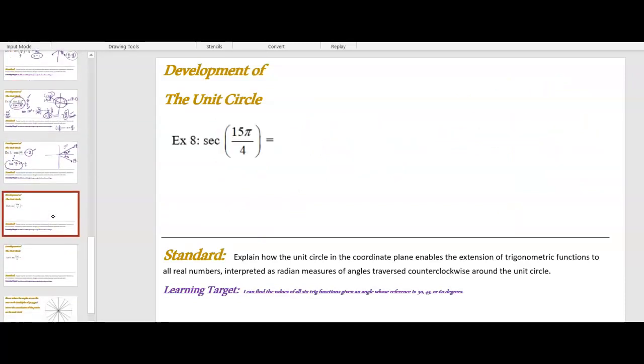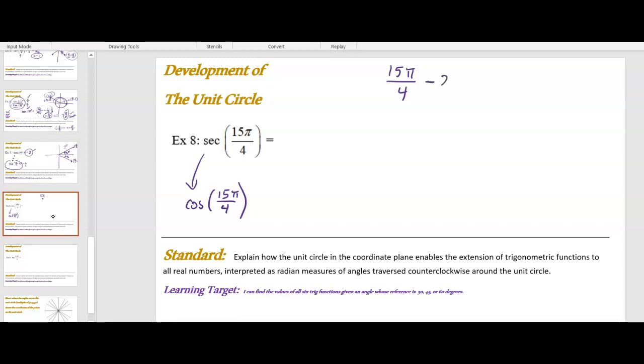All right. Secant, 15 pi over 4. Remember, I don't like secant. I'm thinking cosine. Okay, now I see pi over 4, I'm already thinking 45 degrees. I'm already thinking a whole bunch of root 2 over 2 kind of numbers. But 15 pi over 4 is too large. So I've got to take 15 pi over 4 and subtract 360. Now remember, 360 is 2 pi.